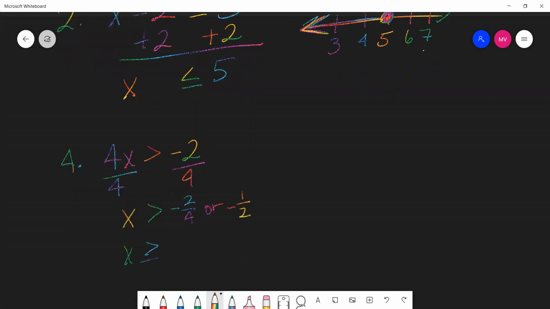X must be greater than or equal to, because we're about to graph this on a number line, I would make it a decimal. And since we've already studied percentages, we know that 1/2, or in this case negative 1/2, is negative. Why wouldn't it be?